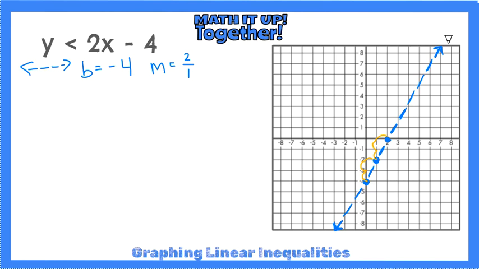So which side of this includes all of the answers or the solutions to this inequality? Well, the only way to find out for us is to test a point. So I like to use (0, 0) because it's so easy. I like to use the origin, as long as the line's not really close to it.